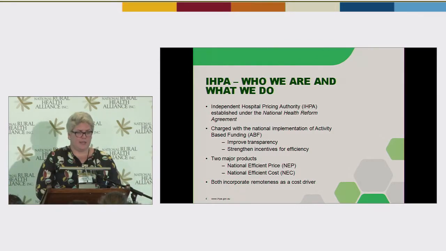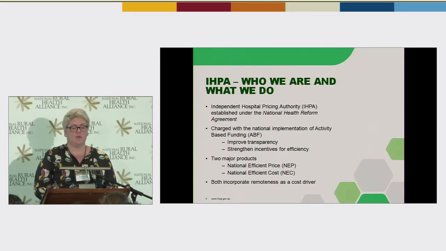As I mentioned earlier, our two major products are the National Efficient Price and the National Efficient Cost, which I'll go into in more detail. The basic difference is that the National Efficient Price is the model used to allocate funding to larger hospitals that have enough activity to warrant using activity-based funding. The National Efficient Cost, which most of you would be more interested in, allocates funding to small rural hospitals that don't have the economies of scale that the larger metro hospitals have.